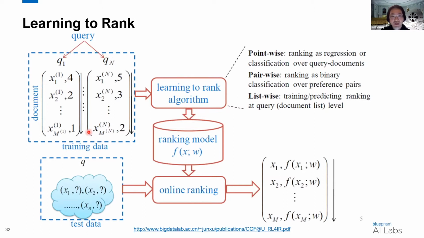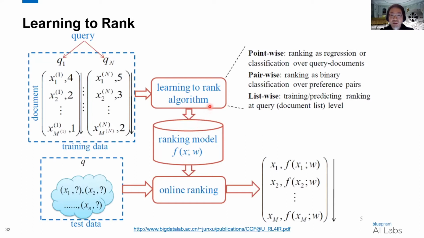So given this training data, we could use some machine learning algorithms to learn a ranking model, which assigns a score to each of the documents in the collection. For example, a score for each web page on the internet with respect to a given query.